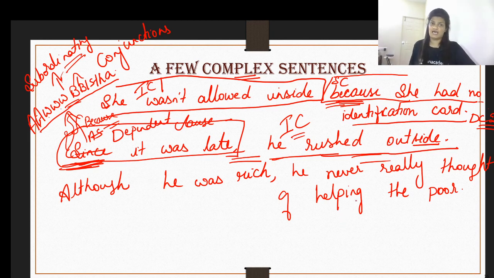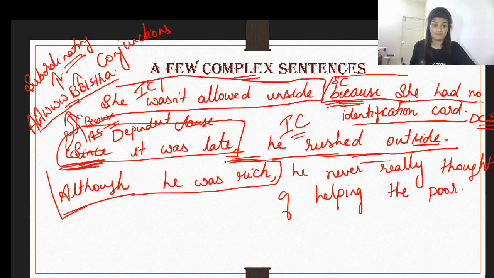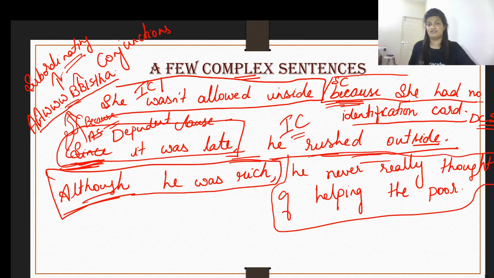So which is our subordinating conjunction over here, and which is our dependent clause? Again, we have the conjunction in the beginning, and because it is included in this particular clause, this becomes our dependent clause: although he was rich. He never really thought of helping the poor becomes our independent clause. Hence, this is our complex sentence because we have used the conjunction although.